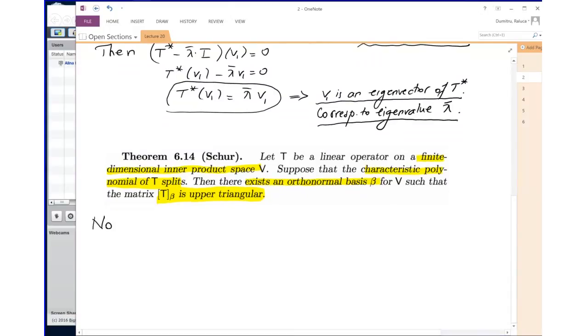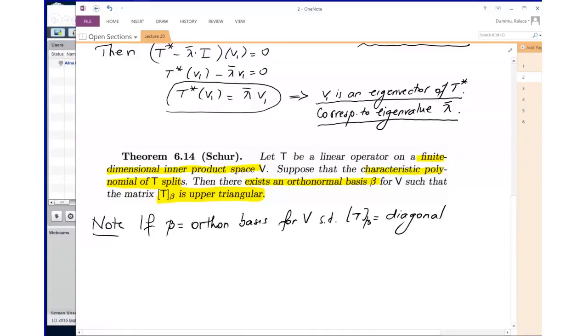So if beta is an orthonormal basis for V, such that the matrix of T in the basis beta is a diagonal matrix, which pretty much means that T would be diagonalizable.